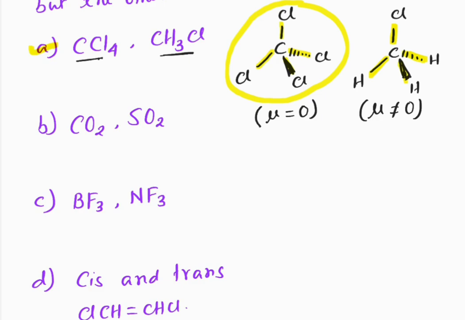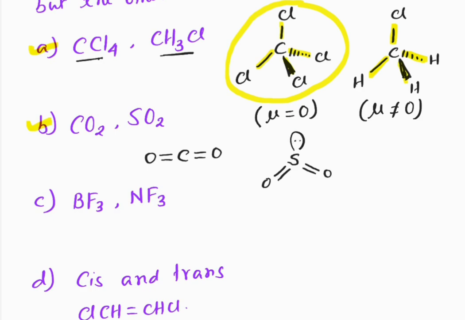Now consider the second case, that is carbon dioxide and sulfur dioxide. In case of carbon dioxide, this is the structure, where the central carbon is sp hybridized, and this is the structure of sulfur dioxide, with a lone pair of electrons on the sulfur atom.